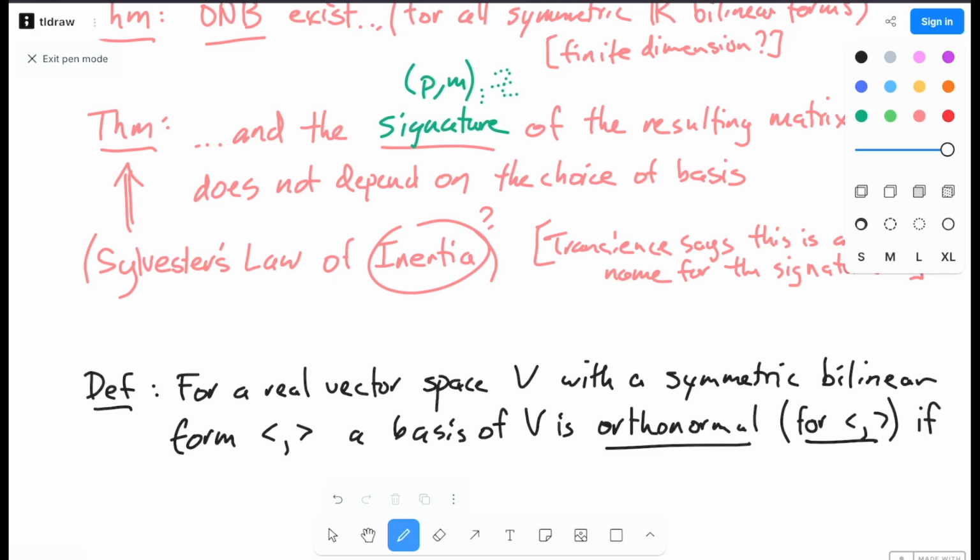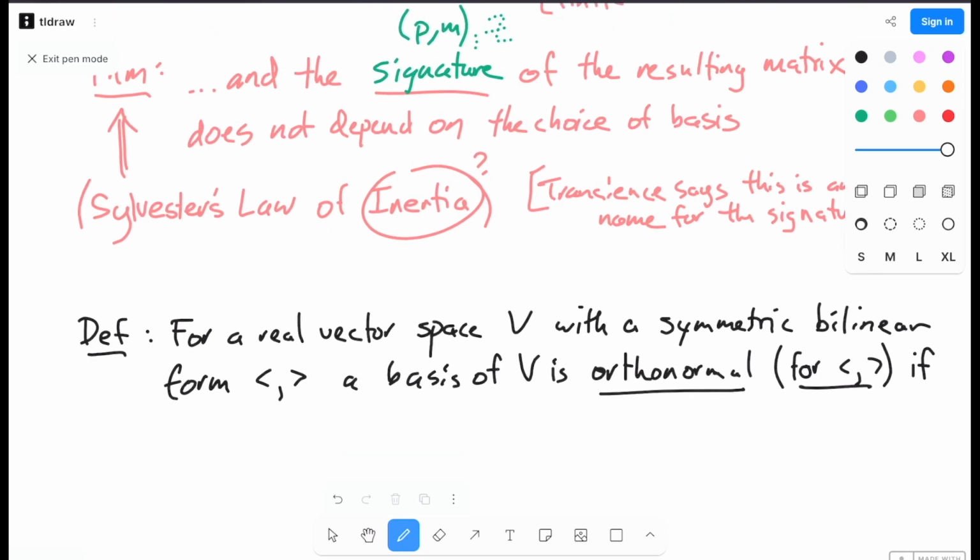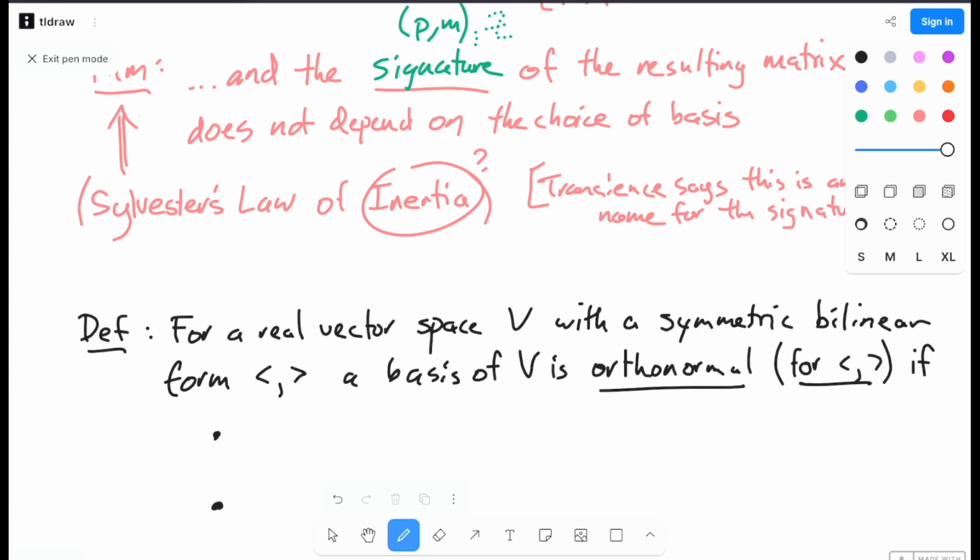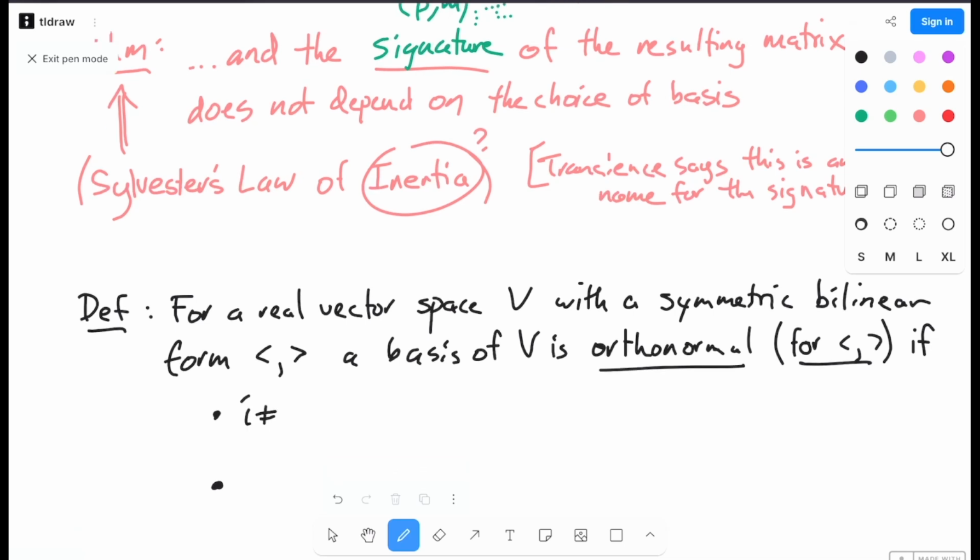If it satisfies two conditions, just like in the inner product case, we're going to want an orthogonality condition and a normality condition. So the orthogonality condition is the one that probably makes the most sense, right?